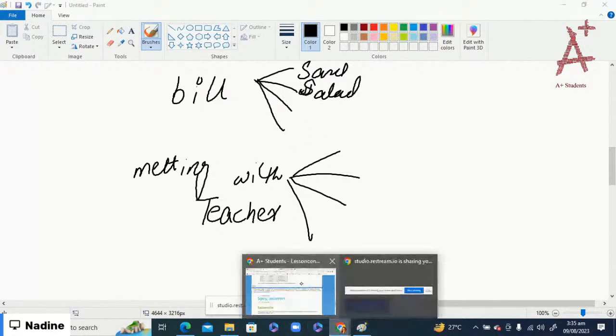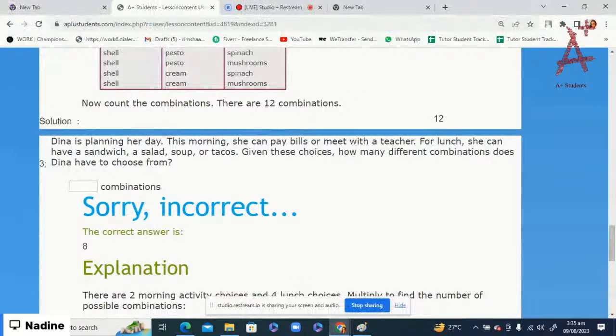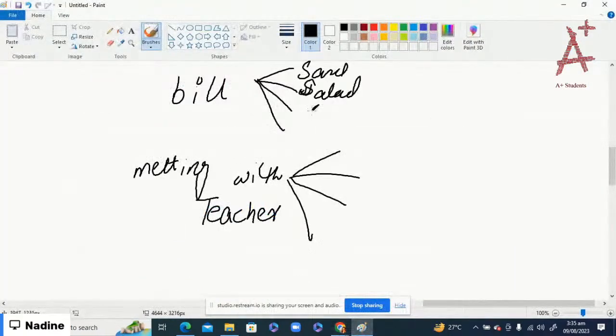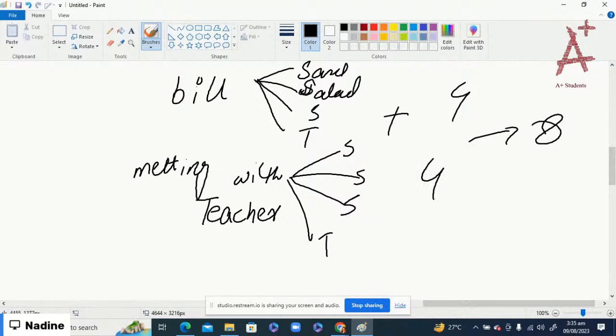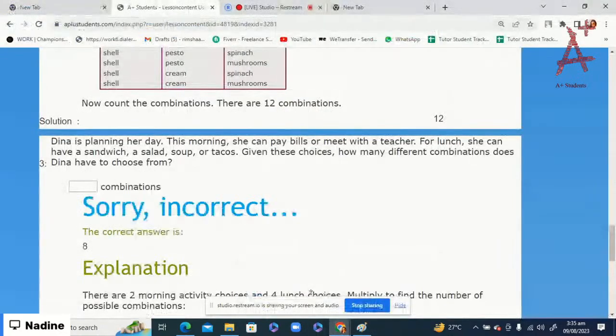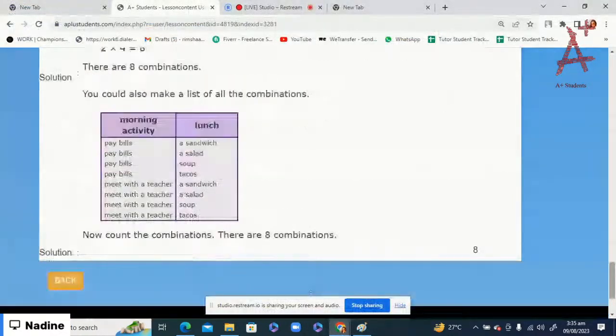What's for the third one? Soup or tacos. Same thing. Sandwich, salad, soup, and tacos. Four and four. Four plus four is eight. So here are a total of eight combinations. Hope you got this. Okay.